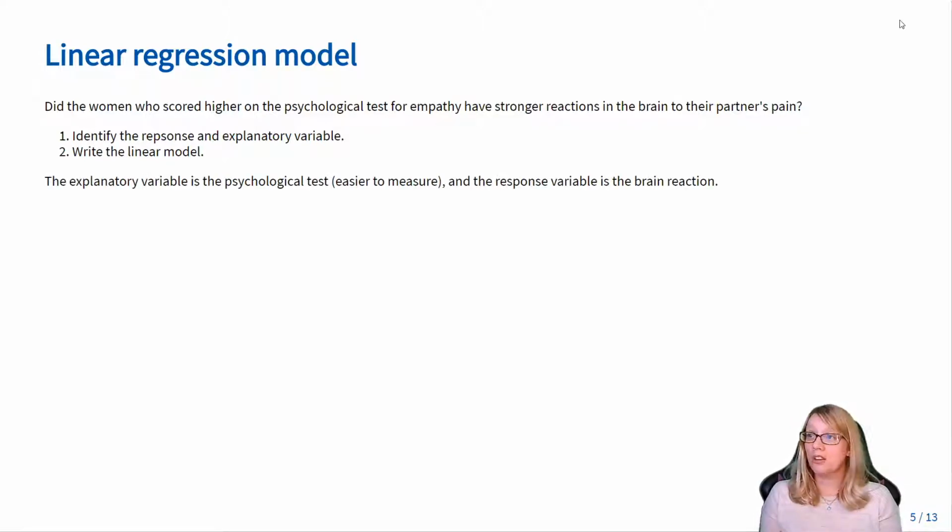Our linear model then looks like this. Y hat i, or our estimated value for y, will be beta 0 plus beta 1 times x. If you prefer to write this in words, we could say that our predicted brain activity is a linear function of empathy. So that's our model.